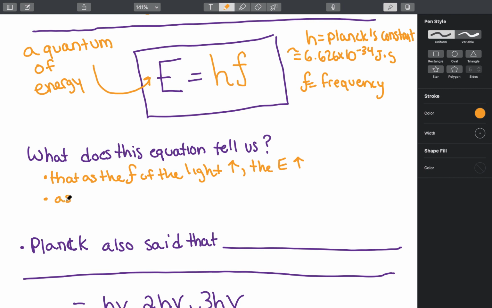And as the frequency of the light decreases, the energy decreases. So basically what he's saying is that energy is directly proportional to the frequency of the light wave.